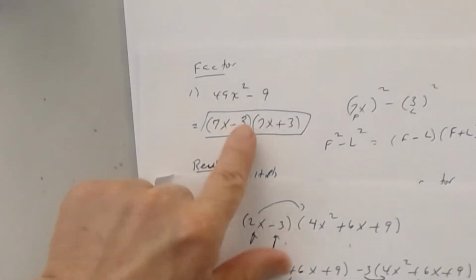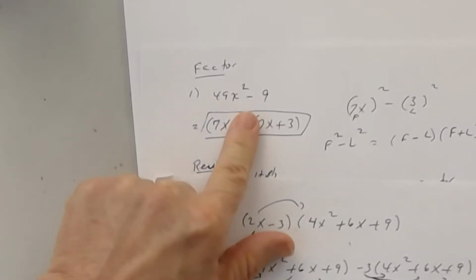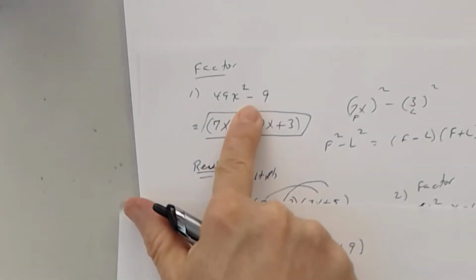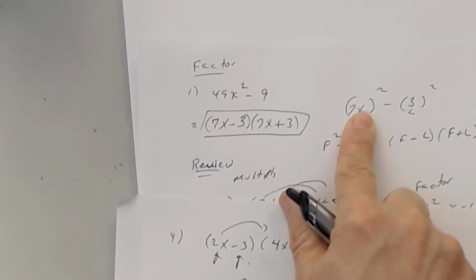So again, when I did number 1 right here, when I asked you to factor, you recognized that this was going to be the difference of 2 squares. Now I need for you to recognize that this is going to be the difference of 2 cubes. And so when I factor the difference of 2 squares, remember that's where we fill in the parentheses, right?